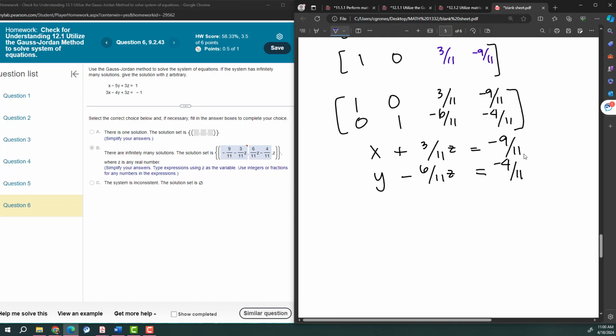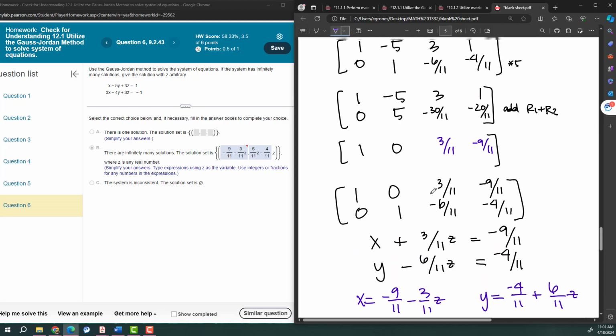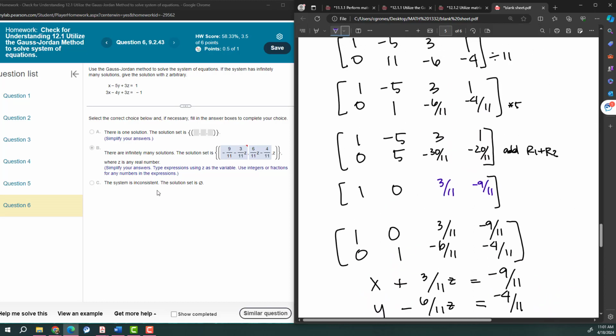And so we get that x equals negative 9 over 11 minus 3 over 11 z, and then y equals negative 4 over 11 plus 6 over 11 z. So just be careful with your negatives. This is the last one I'm going to look at for 12.1.